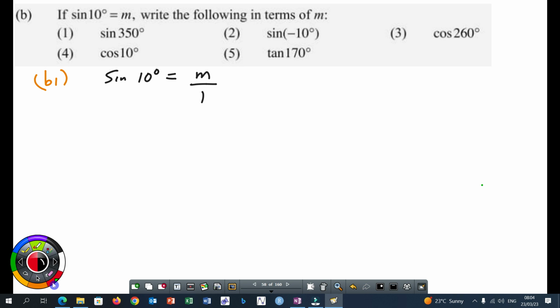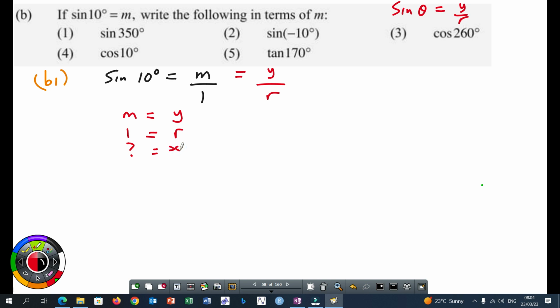We know from grade 10 that sine theta is y over r. So your m is going to be y and your r is going to be 1. So we don't have x here.